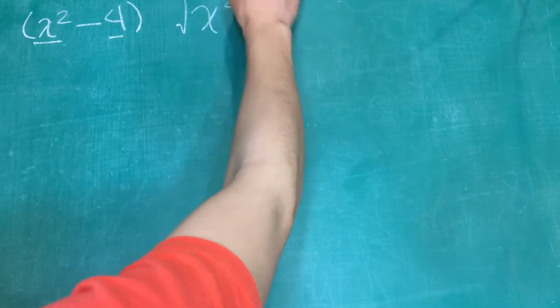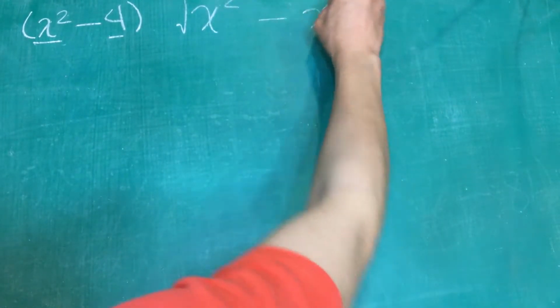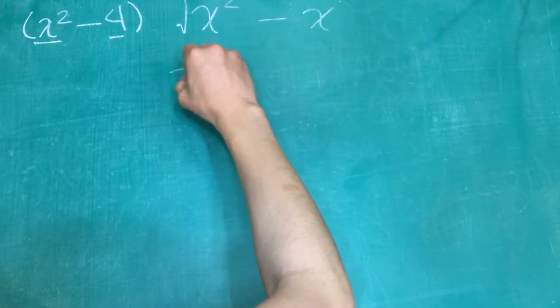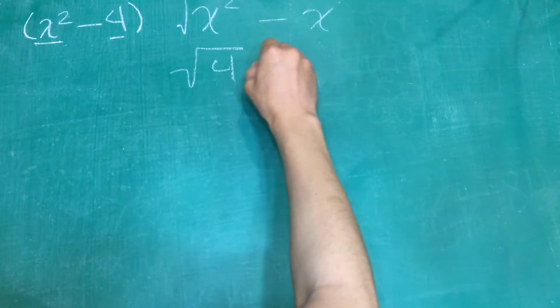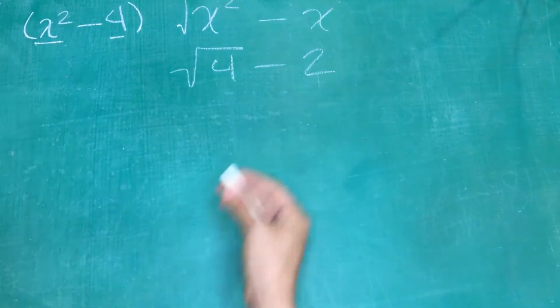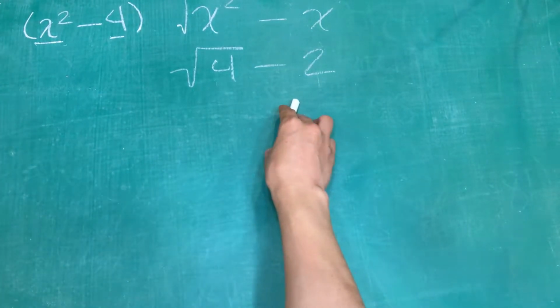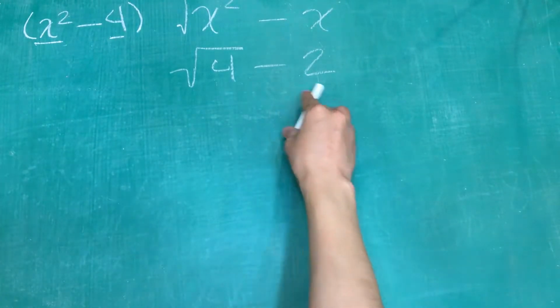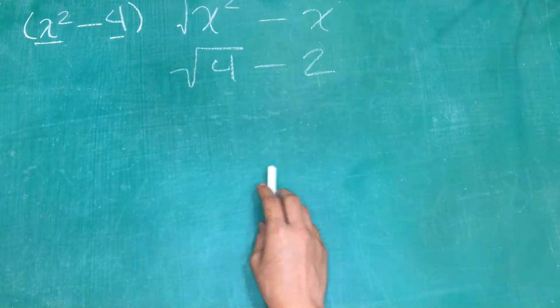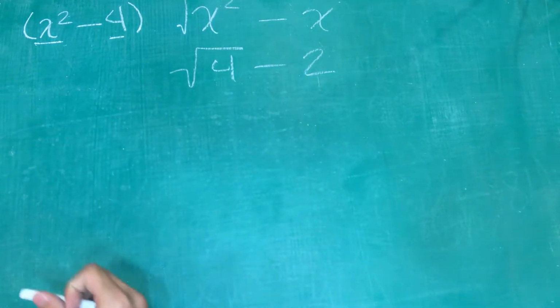X squared has a root of x, and 4 has a square root of 2. These two numbers right here are going to be the numbers that we're going to include in our products after we solve the problem.